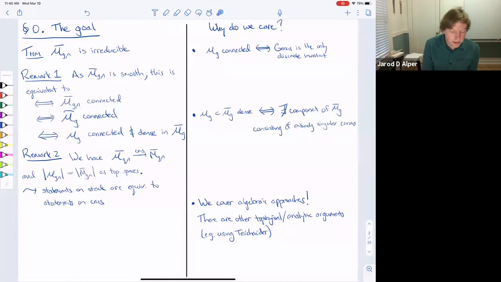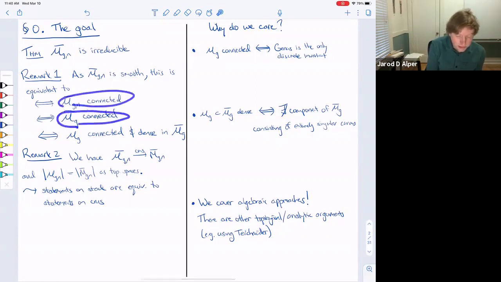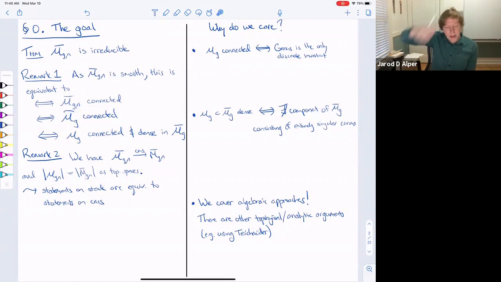And since M_{g,n} bar is a family of curves over M_g bar, you can reduce the connectedness of M_{g,n} bar to the connectedness of M_g bar, because we have these maps between them, and they all have connected fibers. And then to relate this to the connectedness or irreducibility of M_g itself: to show that M_g bar is connected, it's the same as knowing that M_g is connected and that it's dense in M_g bar.